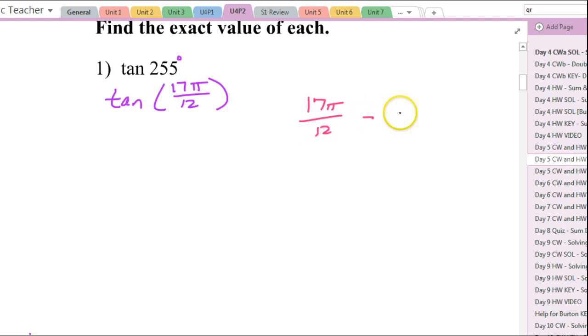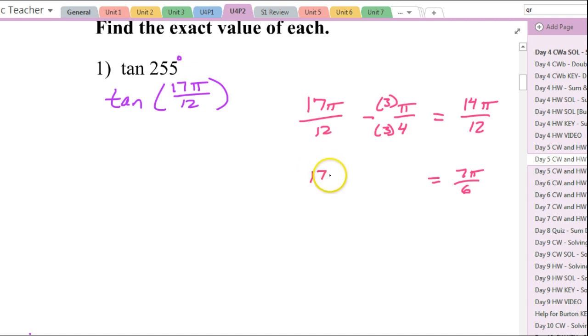Usually it works to just subtract pi over 4, so I would start with that and see what I get. To subtract these, I would need like denominators, so I would multiply by 3. So that's 17 pi over 12 minus 3 pi over 12, so that's 14 pi over 12. That reduces down to 7 pi over 6.